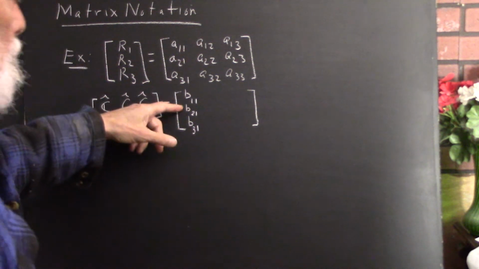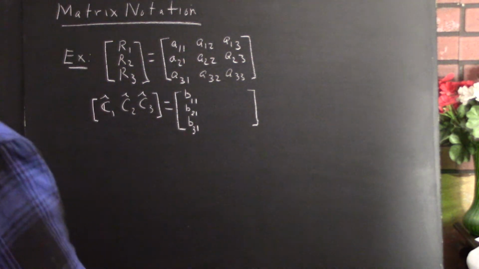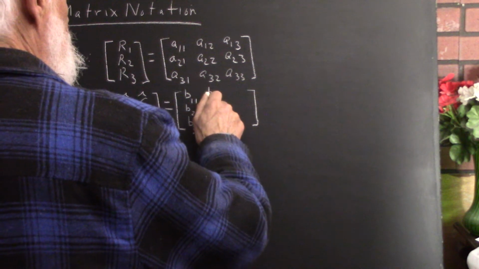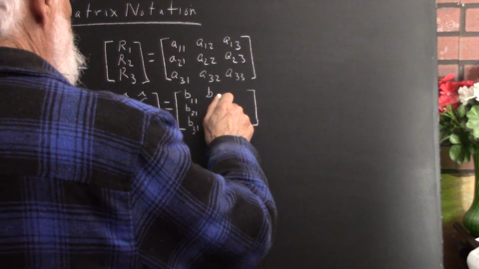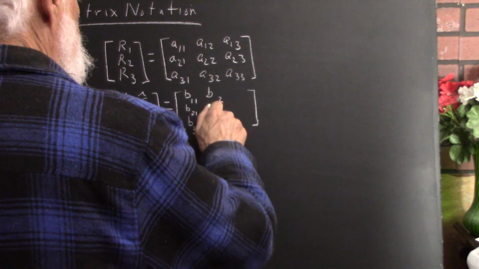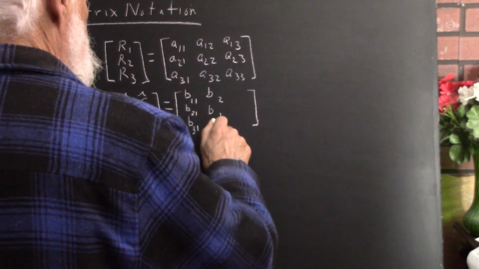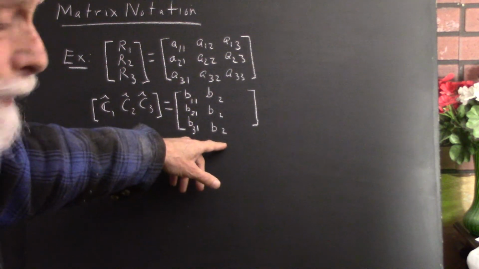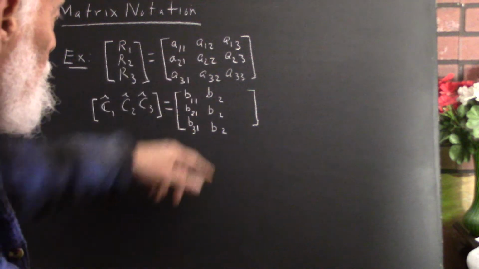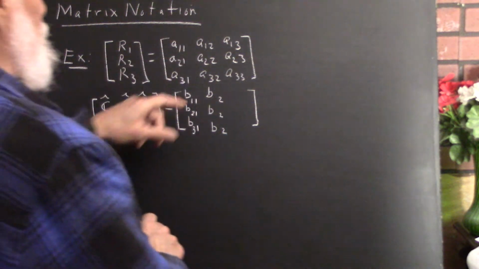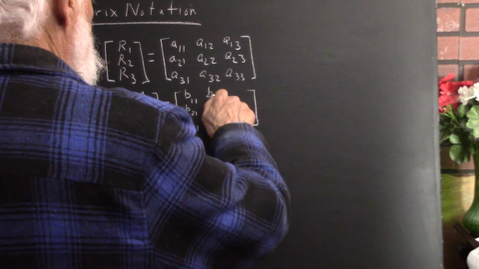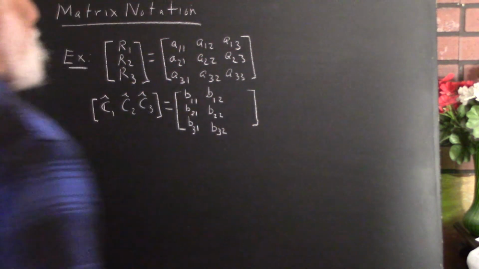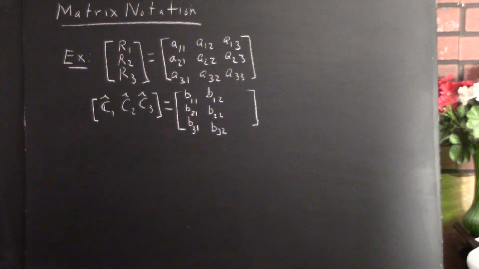So we have B11, B21, B31, and then B with the second number in the subscript being 2 because we're in the second column, and then the first, second, and third elements live in the first, second, and third rows, notated like so.